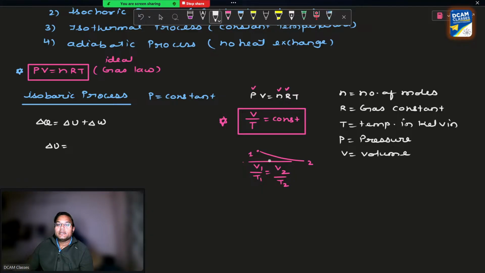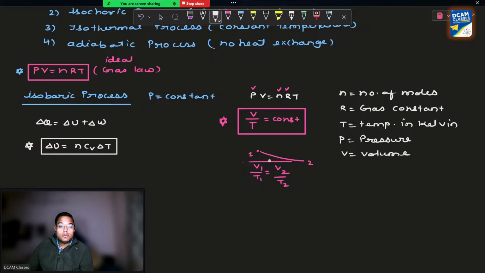It's because it is internal energy. Internal energy does not depend on the external factors. Its value remains constant, that is nCV delta T. Always. Remember, this will be same for all the processes. It does not change. Clear?